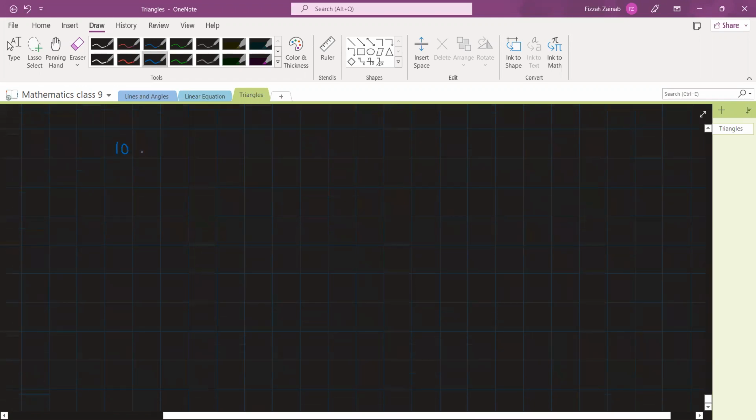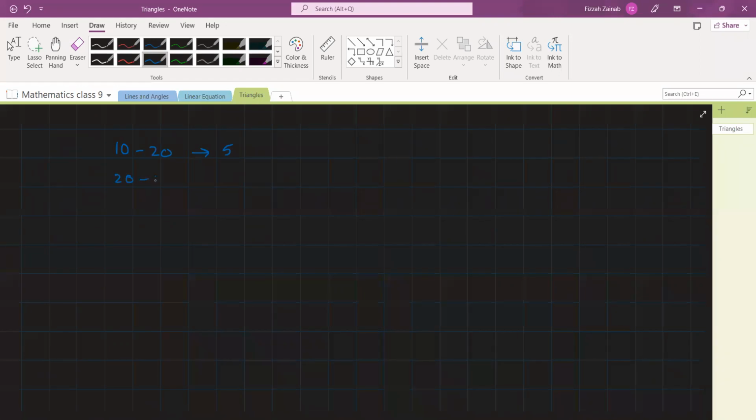I took these 10 to 20, the frequency I took 5, 20 to 30, I took 4, then 30 to 40, then we had how much? 3, and then 40 to 50, I have 5, right? That's my data. So this is the frequency. This is class interval, right? So I don't have a histogram. I just want to plot frequency polygon.